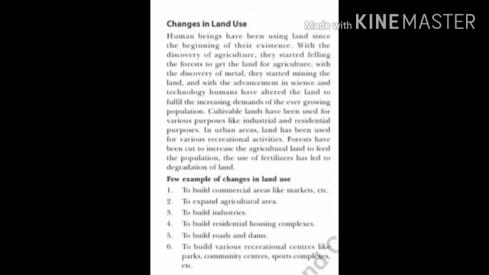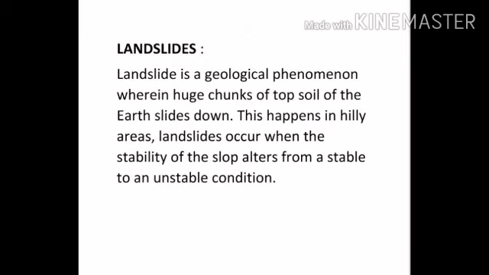So what is landslide? Landslide is defined as the movement of a mass of rock and debris or earth down a slope. Landslides are a type of mass wasting, which denotes any downslope movement of soil and rock under the direct influence of gravity.